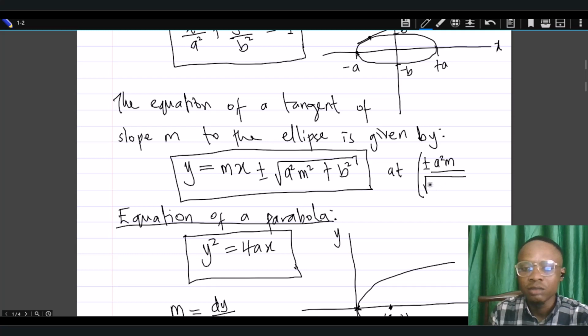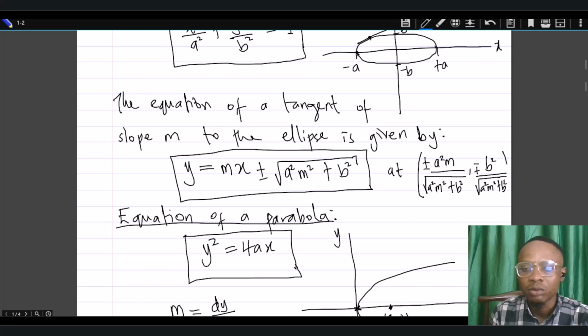So this is going to be given by a squared m squared over the root of a squared m squared plus b squared, and for the y coordinate we have minus or plus b squared divided by the root of a squared m squared plus b squared as well.